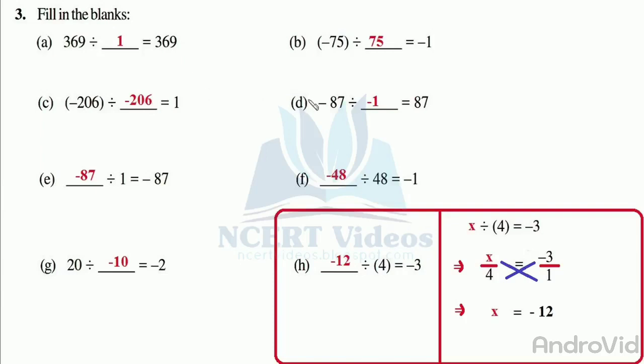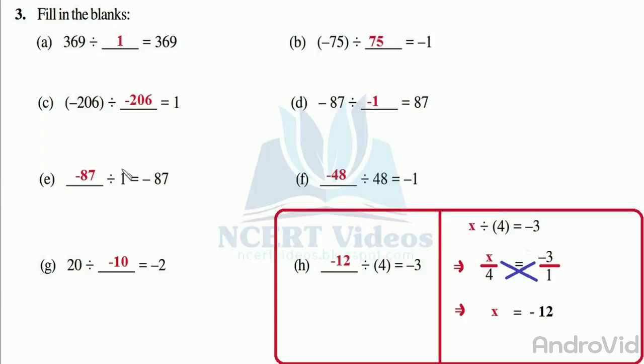Now D part. Now here it is 87, that means we have to divide the number with 1. Division identity. So it is 1, minus minus is plus, therefore we have to take it as negative sign.